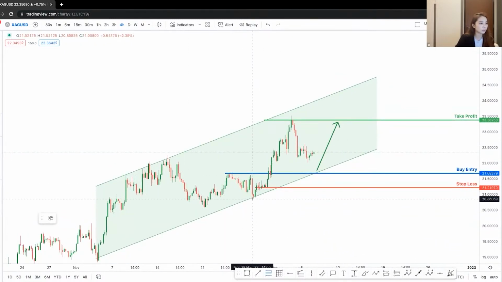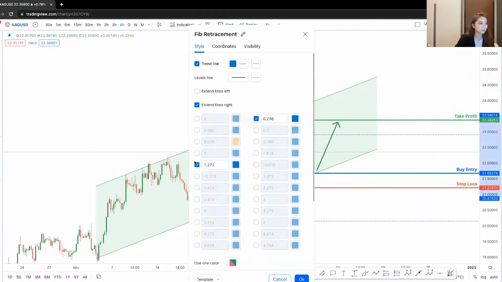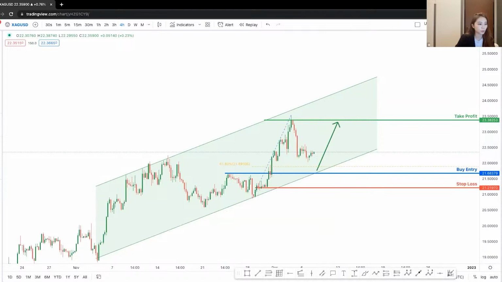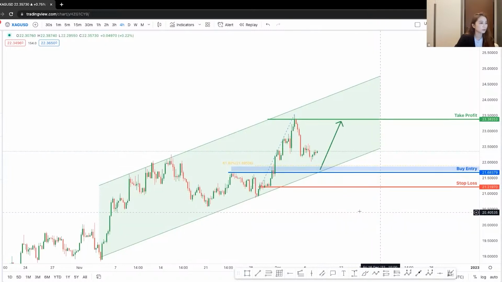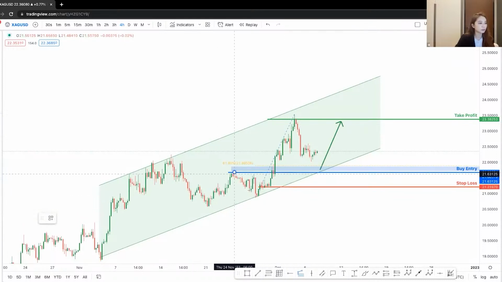Okay, let's use our Fibonacci retracement. So we are looking at a potential bounce off in this area. Let's use our projection.